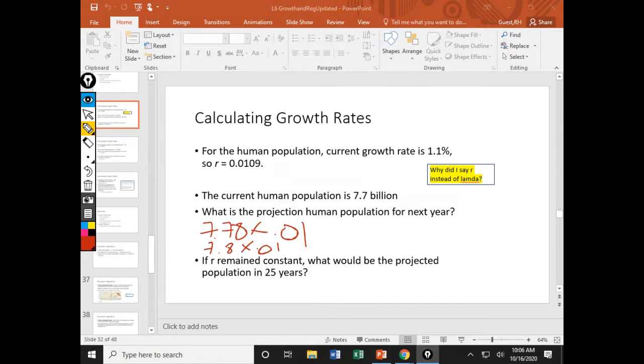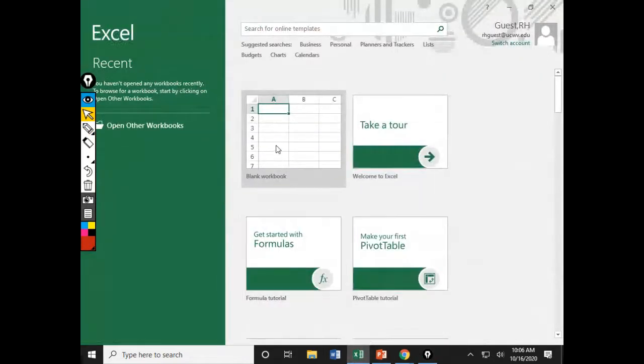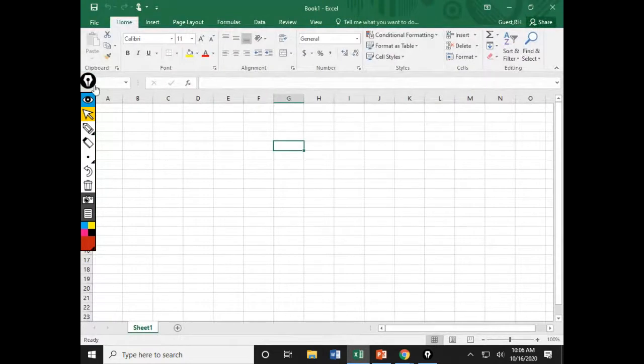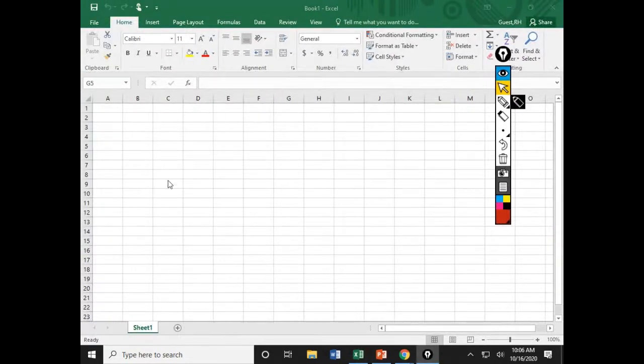So we get progressively bigger each year if we go to do this all 25 times. My best suggestion would be to use Excel to do it for you.